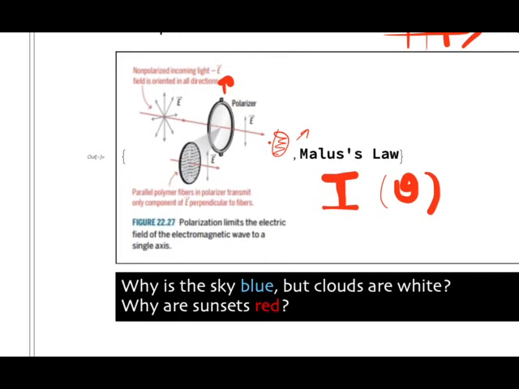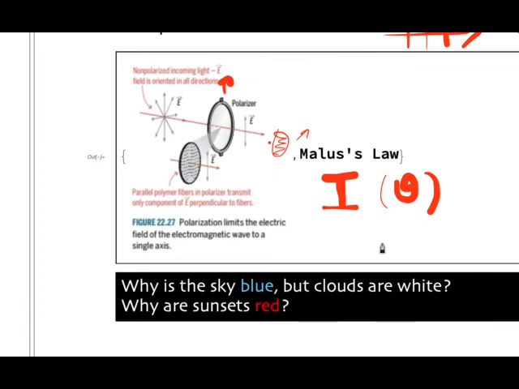Well, when light scatters from a small object like a molecule or an atom, that is described by the theory of Lord Rayleigh. It's called Rayleigh scattering. And Rayleigh scattering says that the intensity depends on the frequency or wavelength of the scattering light. The intensity is proportional to the fourth power of the frequency.